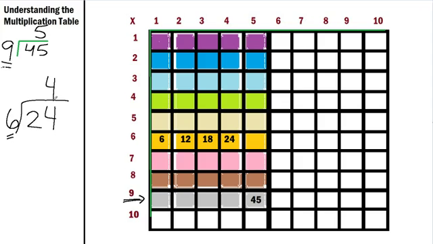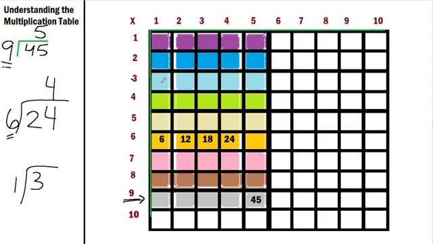Let's do 3 divided by 1. Well, that one's pretty easy. We would have 3 right here, divided by 1 group.